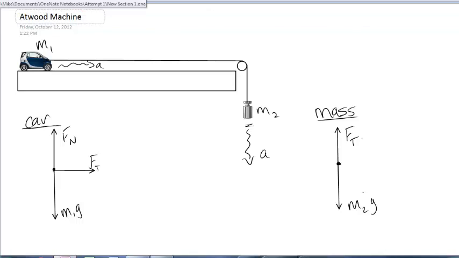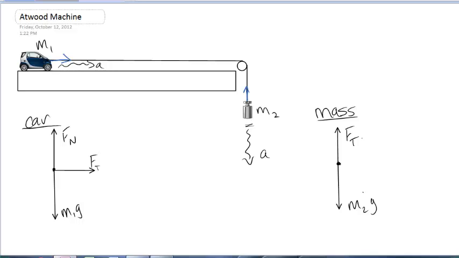What we can conclude, however, is the tension pulling on mass 2 here, and the tension pulling on mass 1 here, they're in the same string, and it's one of the rules of tension in strings and ropes and cables that the tension anywhere in the string has to be the same.